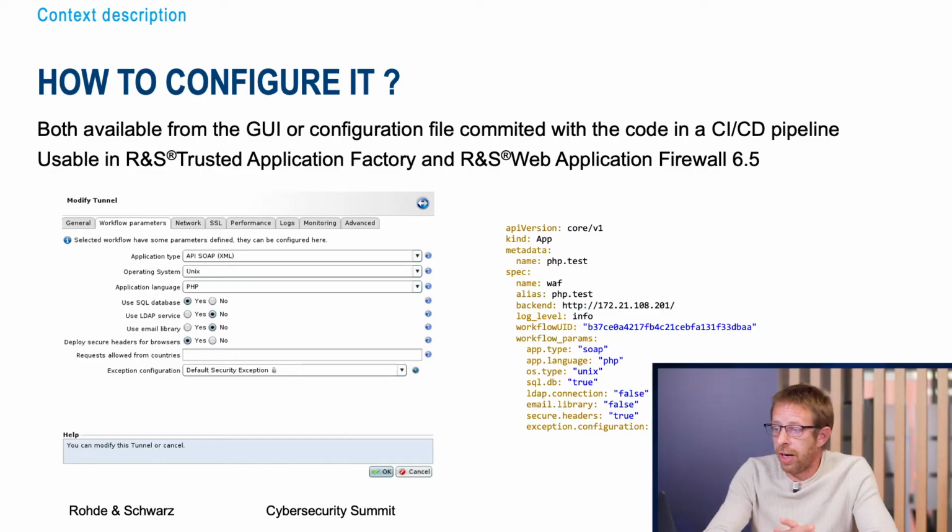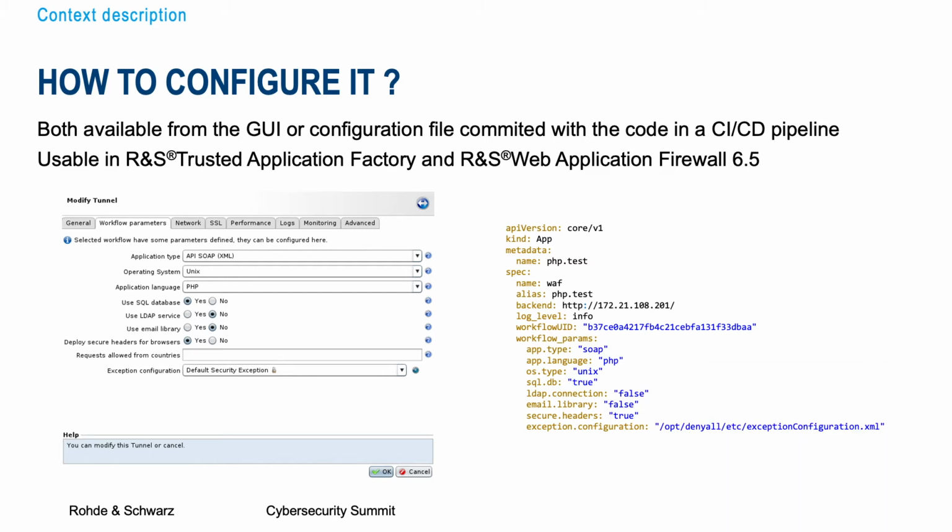As I said at the beginning, this process can be done today in the current version, Rohde & Schwarz WAF, and in the future product Trusted Application Factory. On the right you have the way that we will do it with Trusted Application Factory. It's really simple.